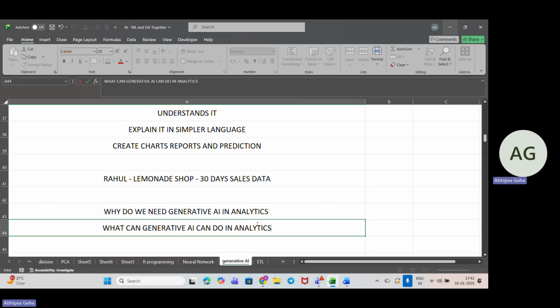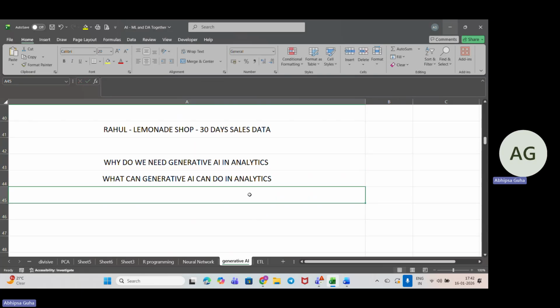So we need to understand what generative AI can do in analytics. The very first thing it can do is understand the data automatically.